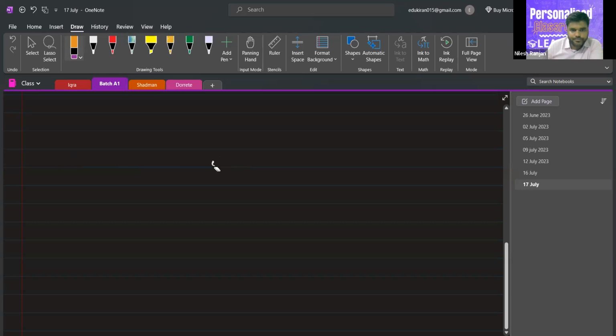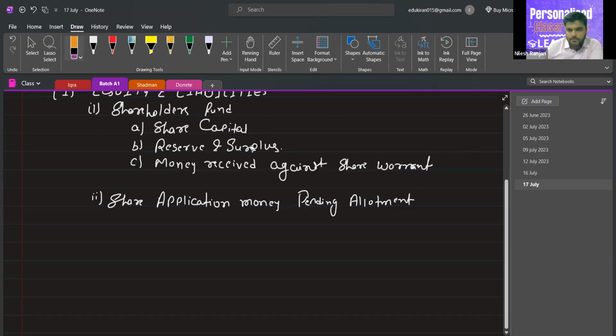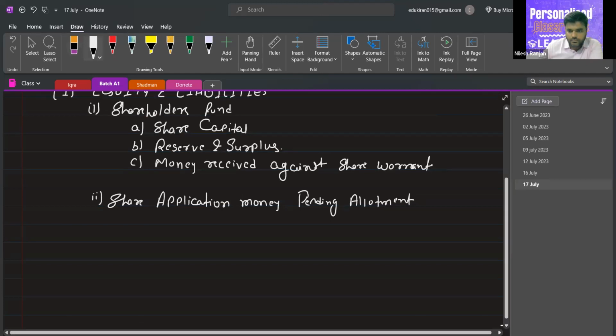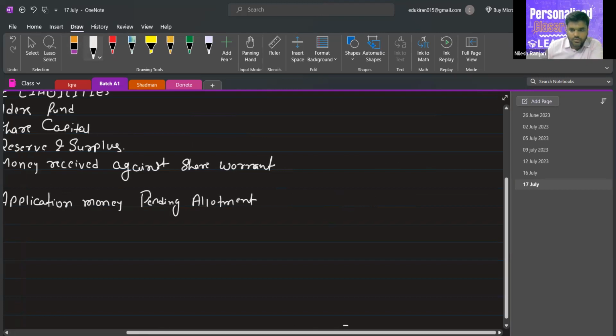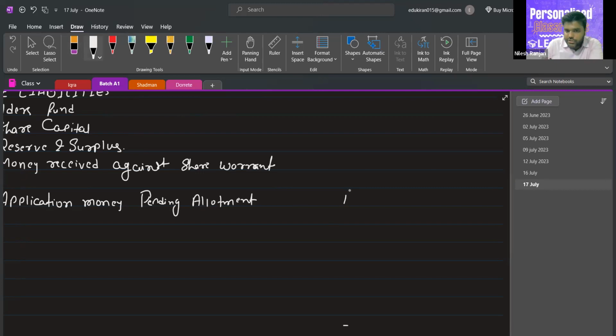When a company issues its shares in installments, the names of the installments are application, allotment, first call, and final call.